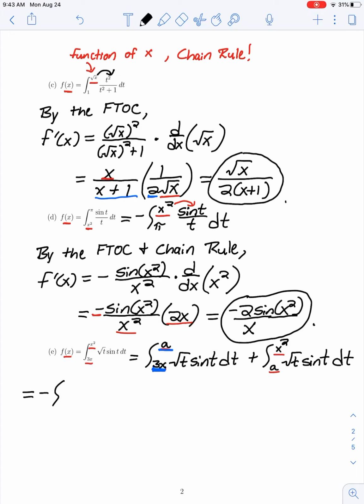So we'll have the negative integral from a to 3x of square root t times sine of t dt. And then we are adding the integral from a to x squared, square root of t sine of t dt. And now each of these pieces is similar to what we had seen in part C.